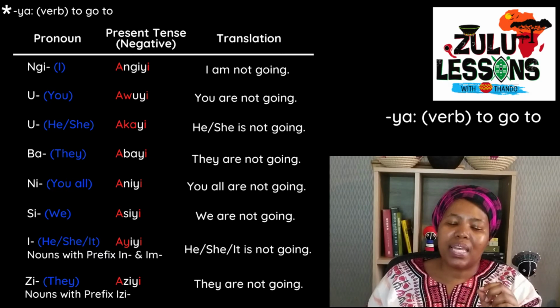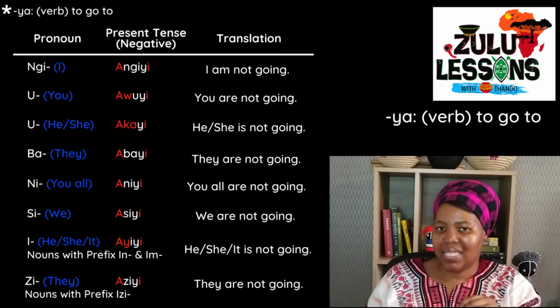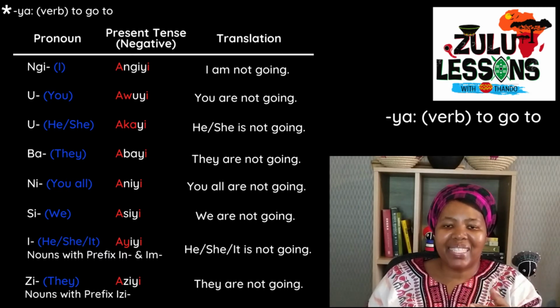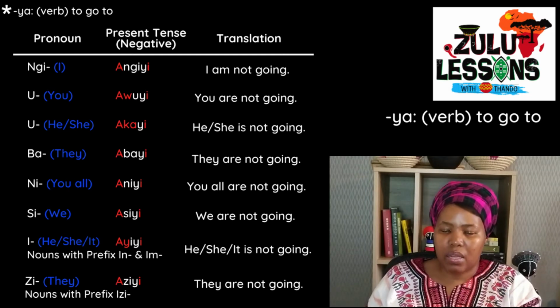So, we are saying ayi. And then we have azi. Azi, they are not going. That is for nouns that start with the prefix I-Z-I. So, azi, they are not going.